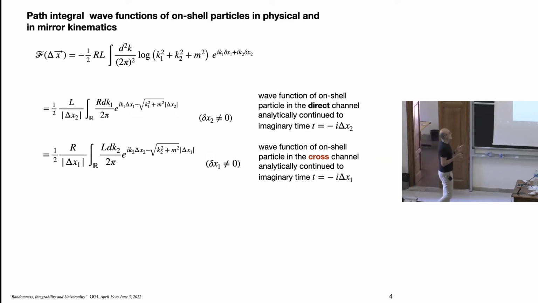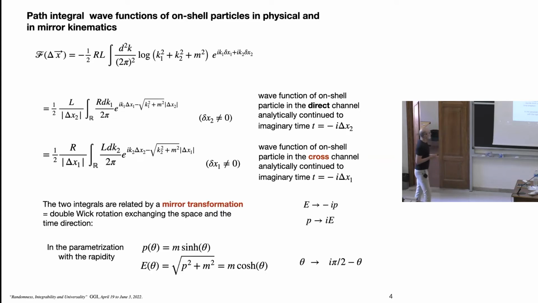So they have different kinematics. And usually in the scattering theory, you speak about the direct and the cross channels. These two descriptions are related by the mirror transformation, which exchanges the energy and the momentum, or time and space, in the Euclidean theory.